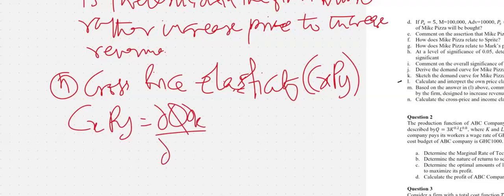The cross price means that we are comparing the original demand, the dependent variable, which is the Qdx, with the price of the related commodity, which is more like the PM, not the PS. The PS is Sprite. But the substitute product in the question is the Max pizza, right? Then again, we move the PM up over, we bring the Qdx down.